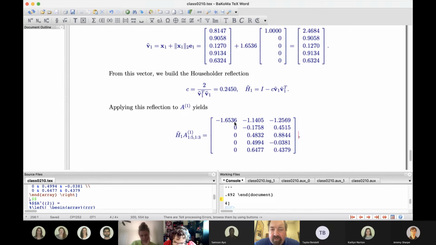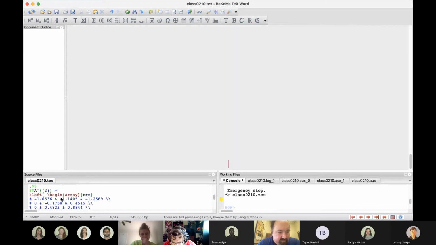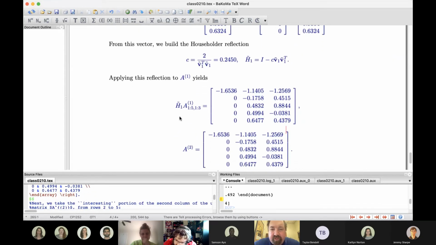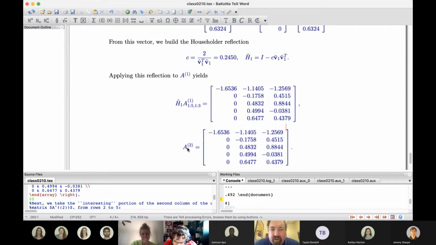And here we have alpha, which is minus the 2 norm of the first column of A. Then the rest of the first column is zeroed, and the other columns are modified. Okay. So this is my updated matrix, which I'll call A2.